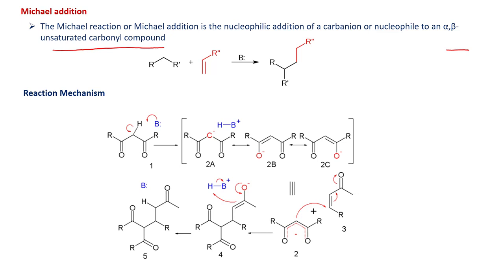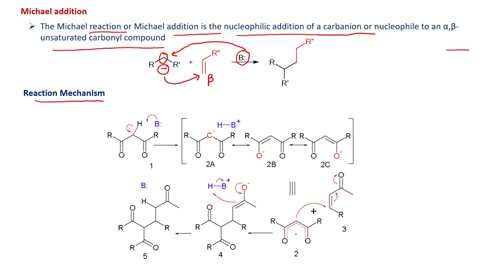In the Michael addition, there is nucleophilic addition of a carbanion. You create the carbanion with a base. This base abstracts one hydrogen from here and generates a carbanion, and this carbanion reacts on the beta carbon of the alpha beta unsaturated carbonyl compound.